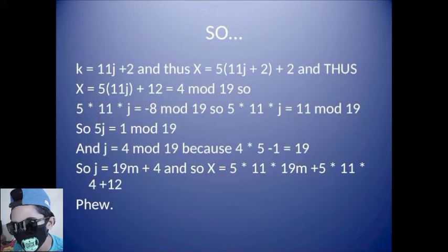So 5g is equal to 1 mod 19, and g equals 4 mod 19, since 4 times 5 minus 1 is equal to 19. So g equals 19m plus 4, and so x equals 5 times 11 times 19m plus 5 times 11 times 4 plus 12. And that's the Chinese remainder theorem.